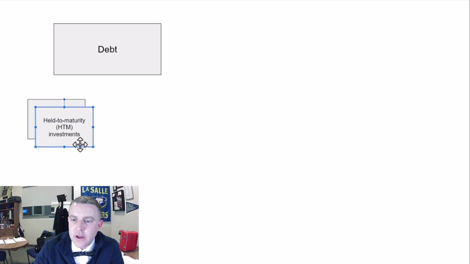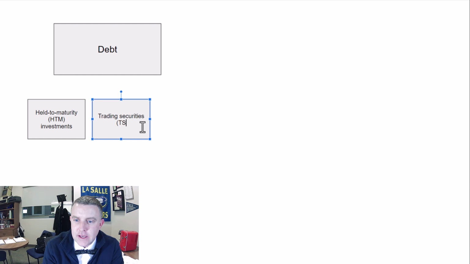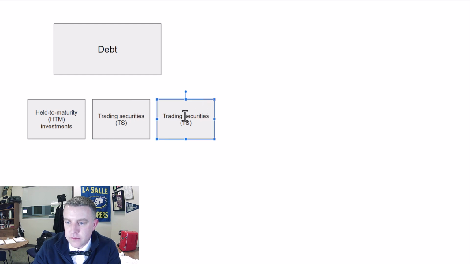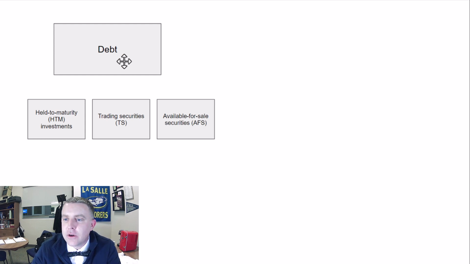That's one option for accounting purposes. Another option is what we would call a trading security, so TS. And then the last one would be available for sale securities, AFS. Okay, so three categories here when we're talking about debt.